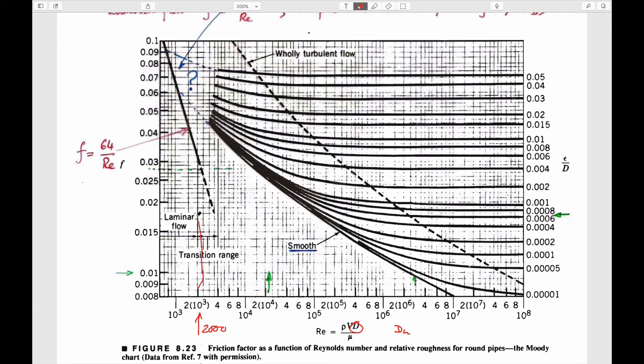This is the change from laminar flow to transitional flow. If the roughness of the pipe is 0, then that's the definition of smooth, which is this lower bounding behavior here. And if the pipe has a variety of different roughnesses, which are these values getting increasingly rougher as you go in this direction, then you can calculate exactly what this is.